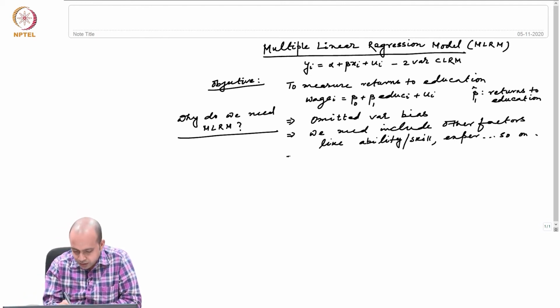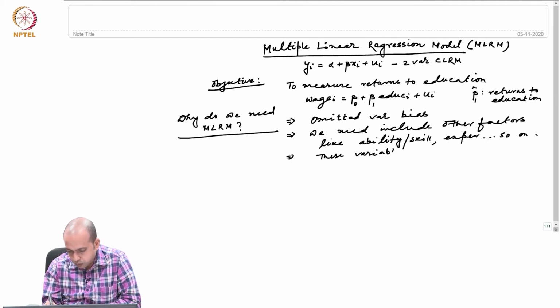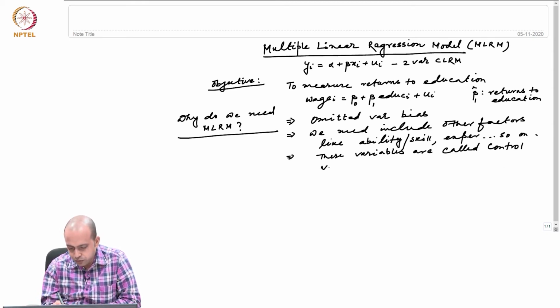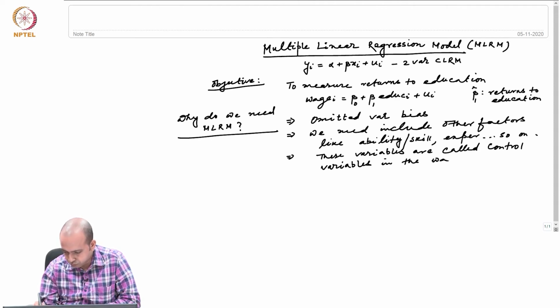Okay, and these variables are called control variables in the wage function.